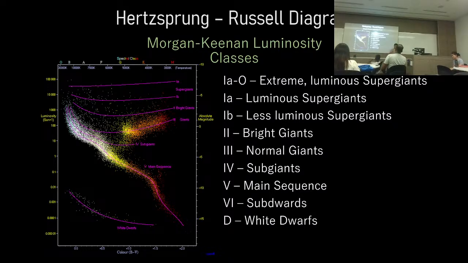Our sun is a main sequence star, and since this is one solar luminosity, if I draw it over here, why does this feel slightly off? I'm not sure if this is horizontal, but our sun should be somewhere over here because it's on the main sequence line of the HR diagram. I think I have it on the next slide. Yes.